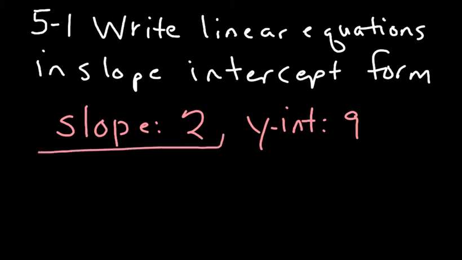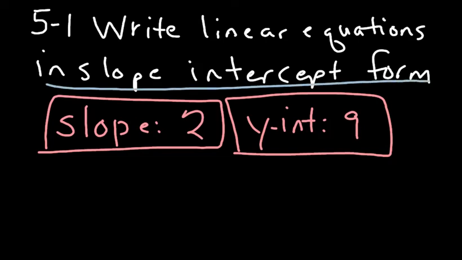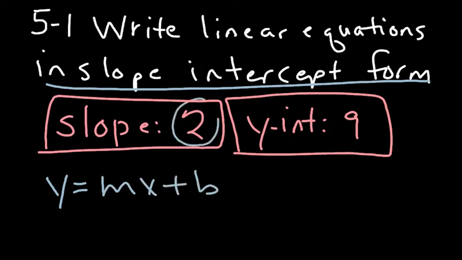They give us the slope. They give us the y-intercept. They say, okay, write a linear equation in slope-intercept form. Slope-intercept form, y equals mx plus b. So we're going to put 2 in for m because that's always the slope, and 9 in for b because that's always the y-intercept.